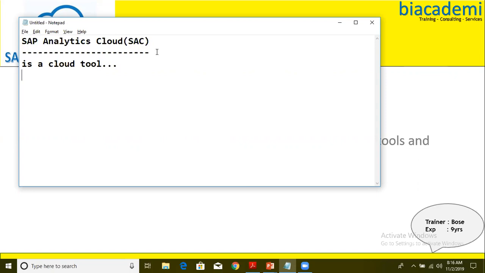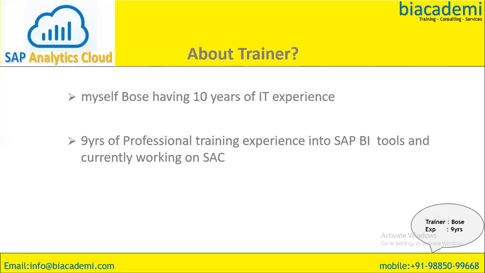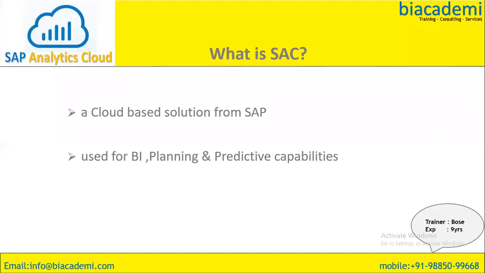If you ask me what exactly it is going to do, it is a tool basically used for BI, and we have something called planning and also something called predictive capabilities.